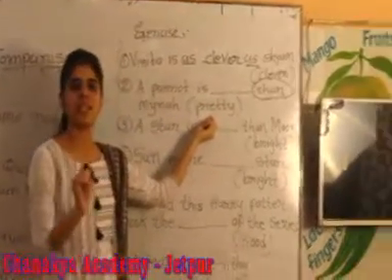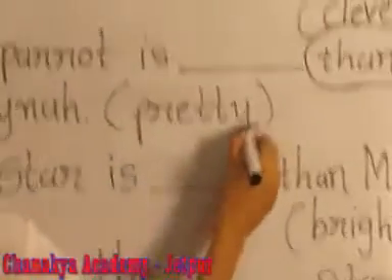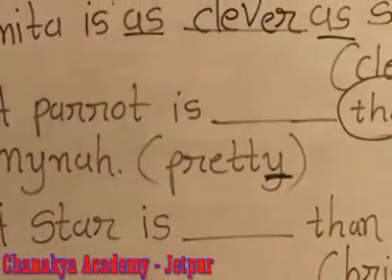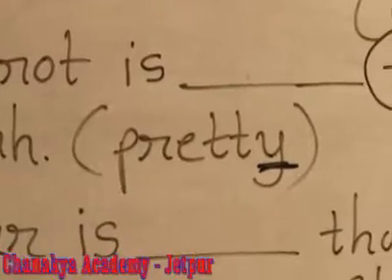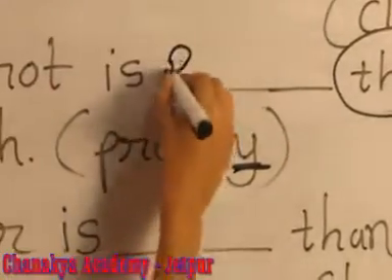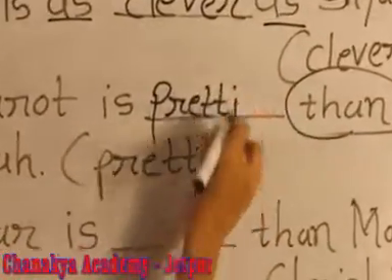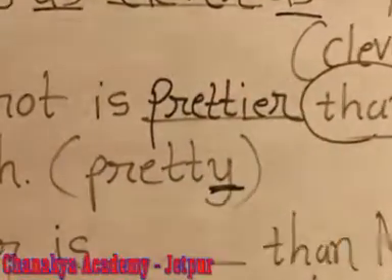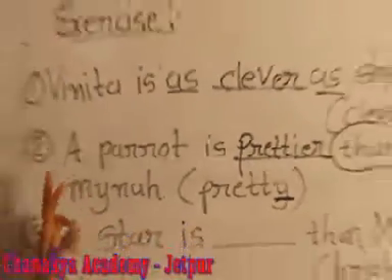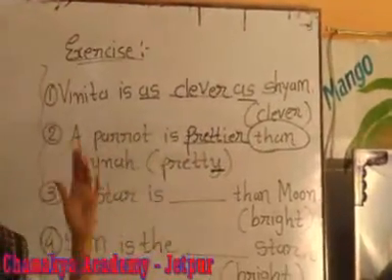What is the comparative form of pretty? As it ends with y, we put i instead of y and then use the suffix er. So it will be prettier. Our final answer will be, a parrot is prettier than Maina.